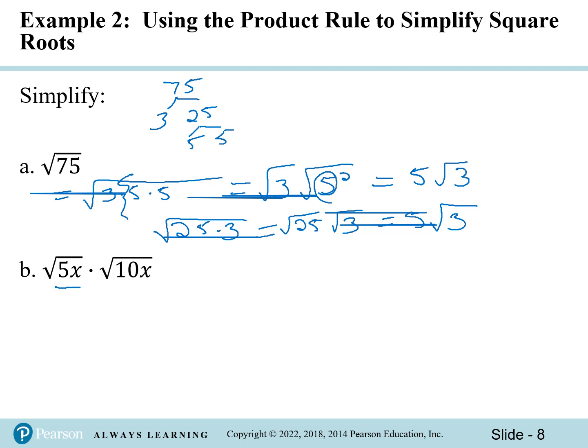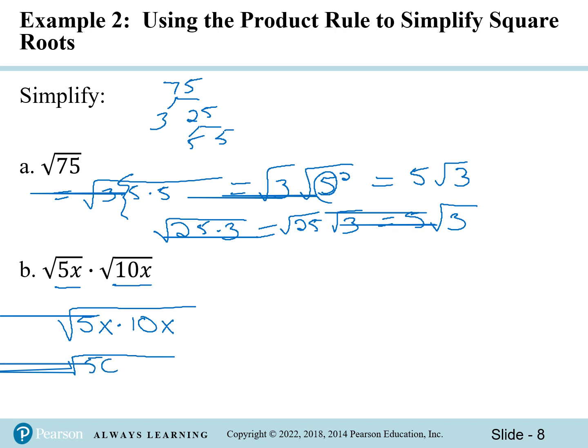Okay, this one they're under separate square roots, so I am going to put them under the same square root. So I have the square root of 50 times x squared. 50, you can do the prime factorization, or you can notice that 25 is a factor of 50.